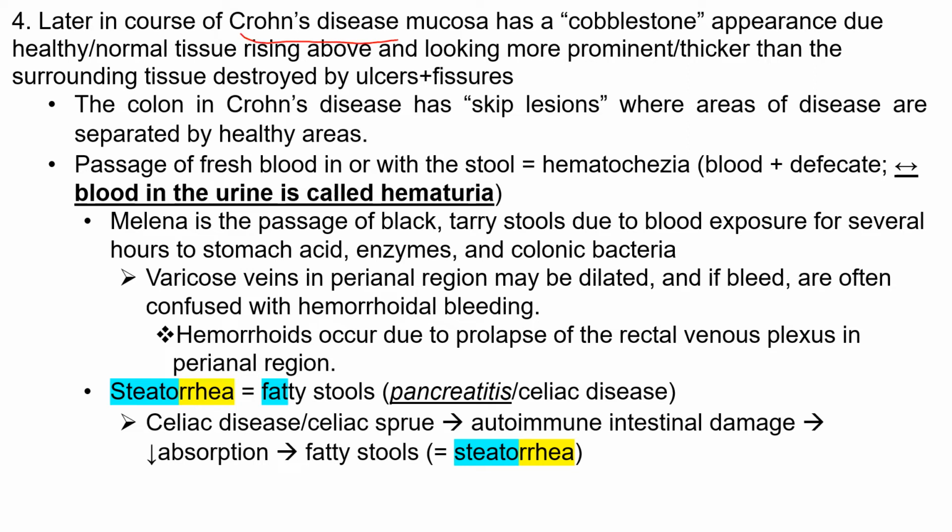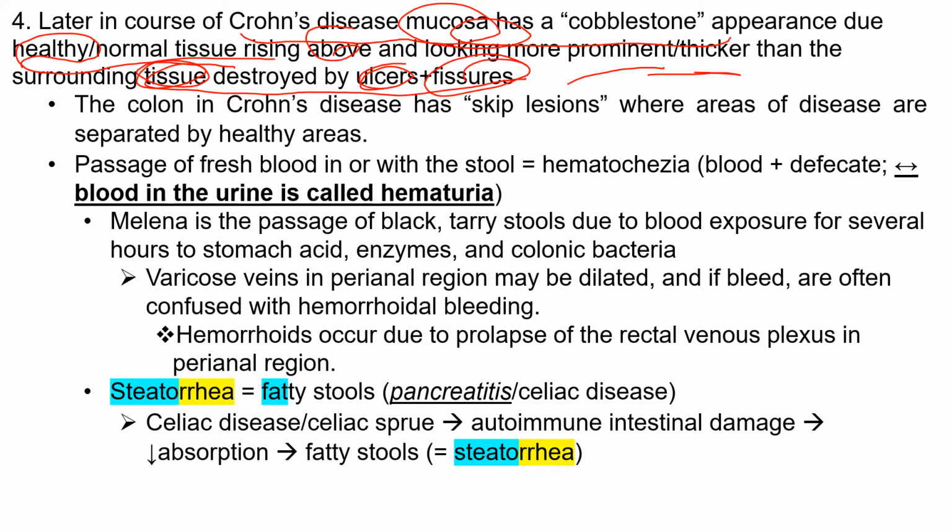You need to know differences between Crohn's disease and ulcerative colitis. You know that in Crohn's disease, mucosa has that cobblestone appearance that I showed you because the healthy normal tissue is rising above and is just more prominent and thicker than the surrounding tissue that has scarred and has been destroyed by ulcers and fissures.